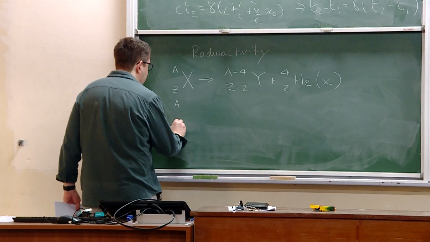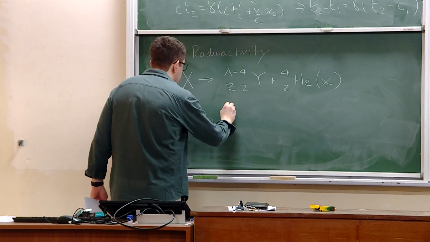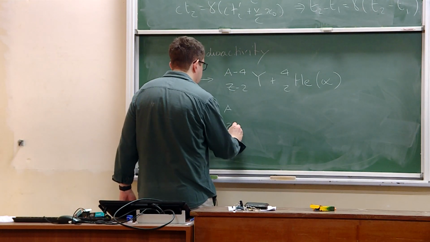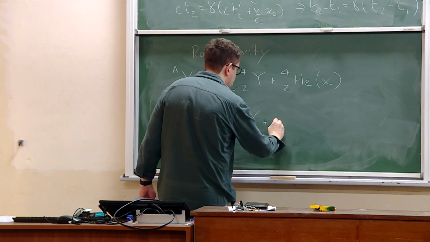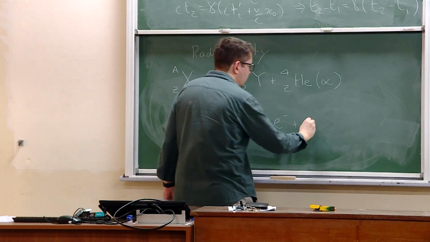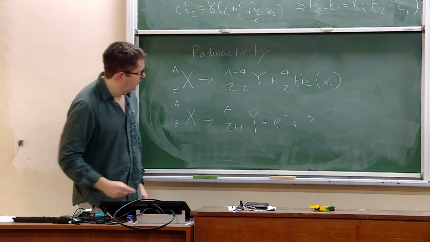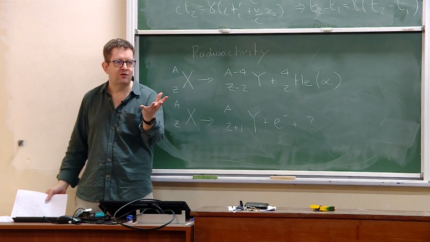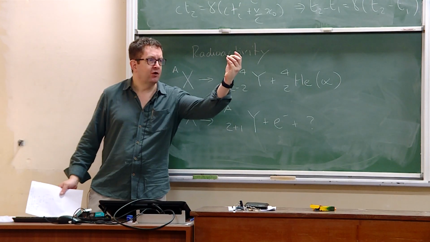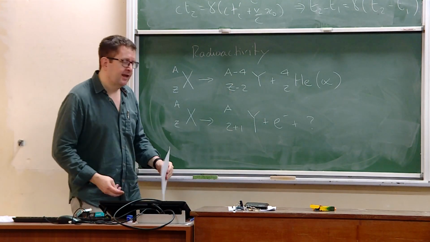Then, I'll come back to what else is there a little later. But then you also had this idea of a nucleus spitting out an electron and changing its number of protons by 1, and this is beta decay.